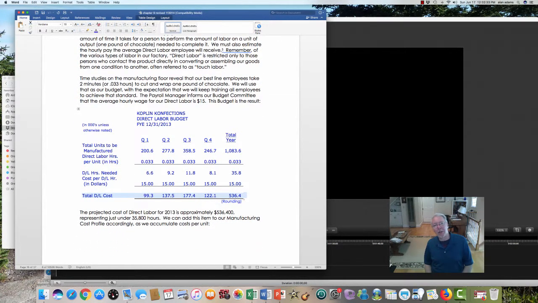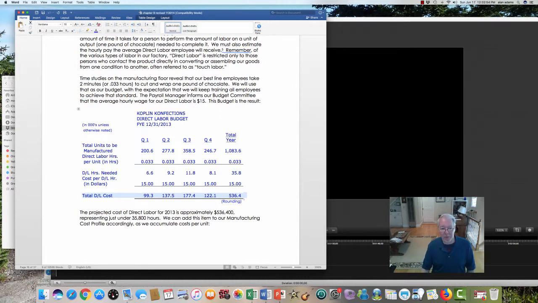The direct labor budget is fairly simple. Remember, it gets more complicated if you start introducing things like various degrees of direct labor or union negotiations. Overtime is a good one as well, because if we had to start paying a time and a half premium for overtime hours worked by law, we would have to factor that in.